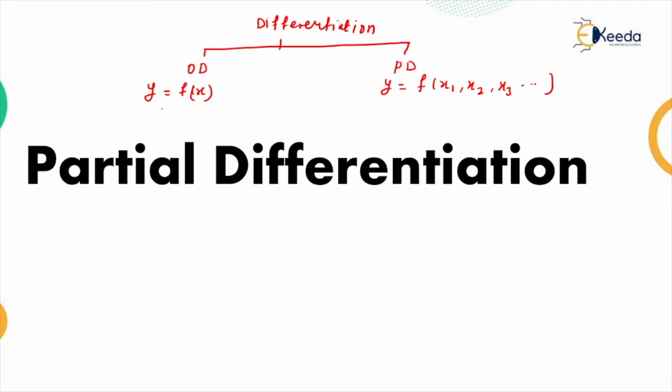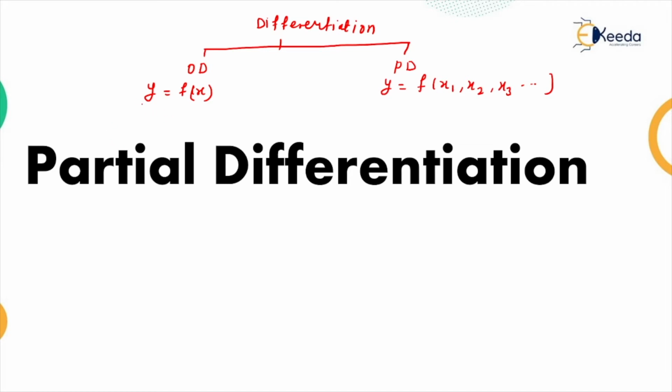That's why y is dependent and x is independent. In partial differentiation, y is a function of two or more independent variables, meaning y depends on the values of x1, x2, x3 and so on up to xn. That is also a difference.